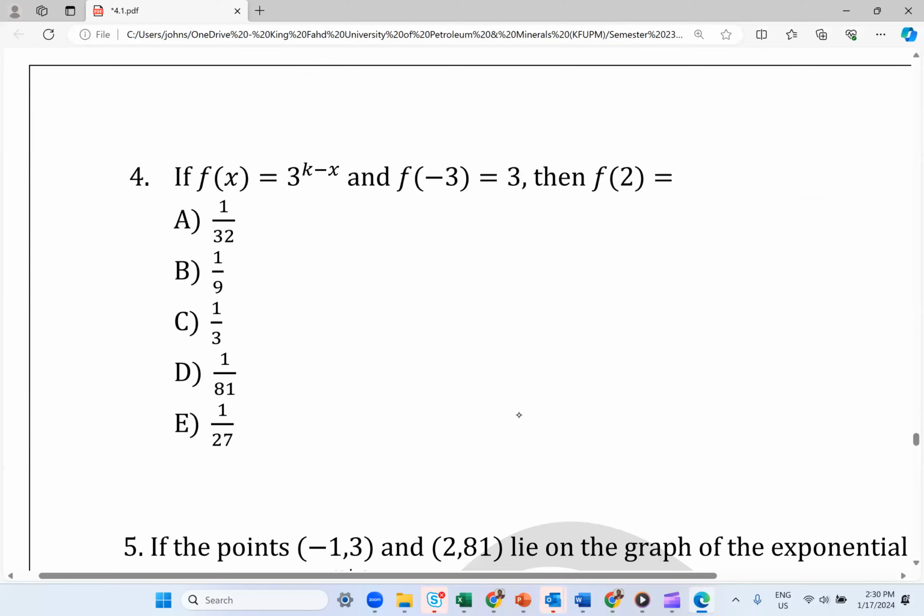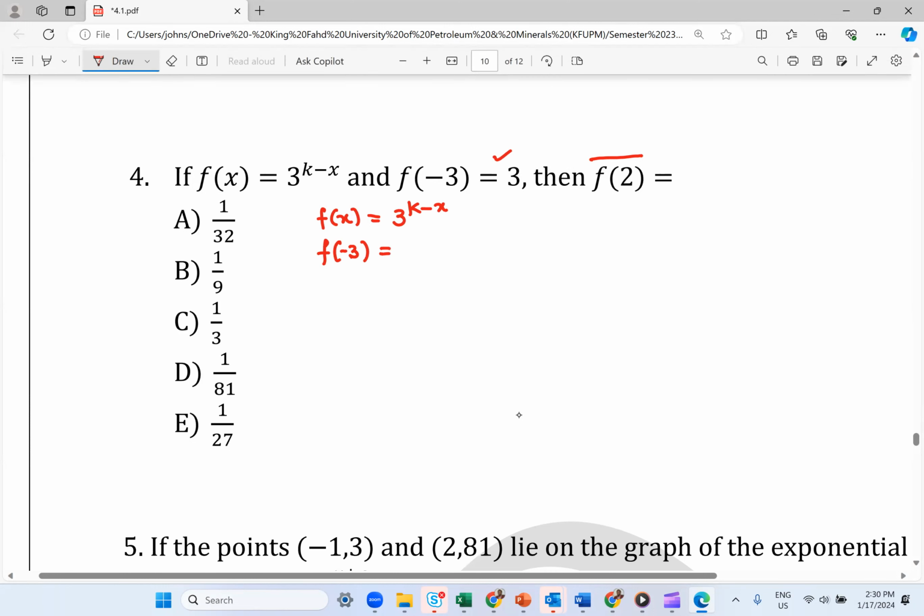So we said f of x is 3 to power k minus x, and f of minus 3 is equals to 3. We want to find f of 2. So the same story here, we can just use the fact that f of x is 3 to power k minus x. And that simply means that we can find what is f of minus 3.